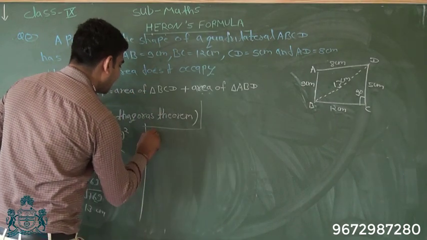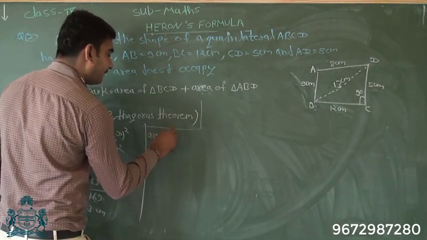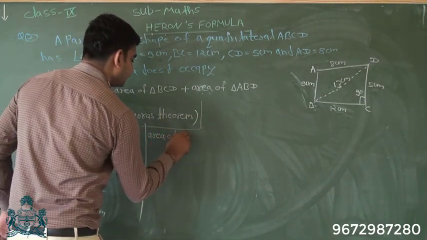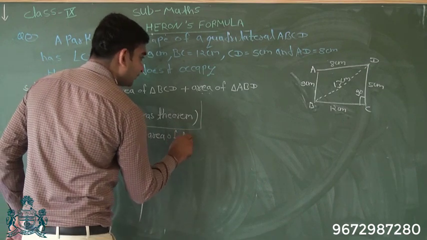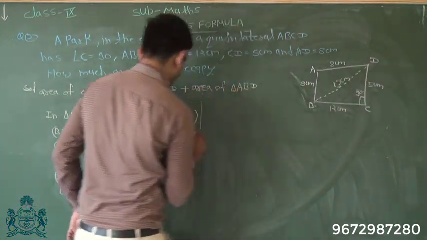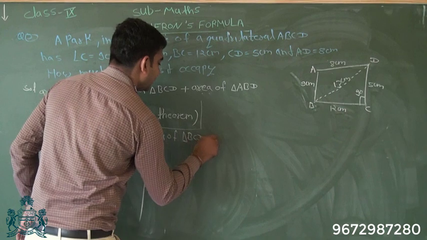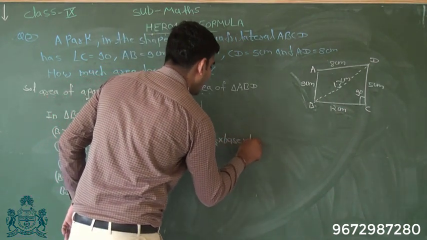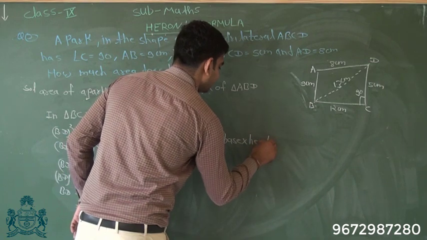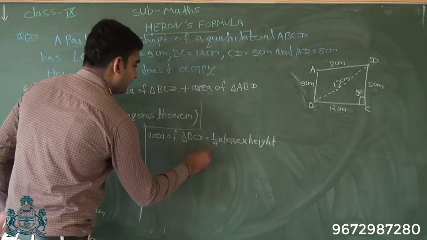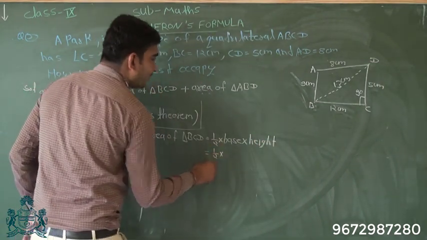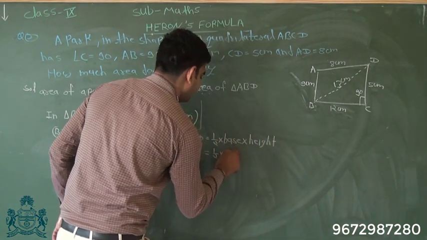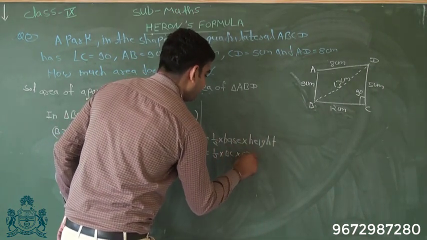The area of triangle BCD equals half into base into height, which equals half into base BC into height CD.